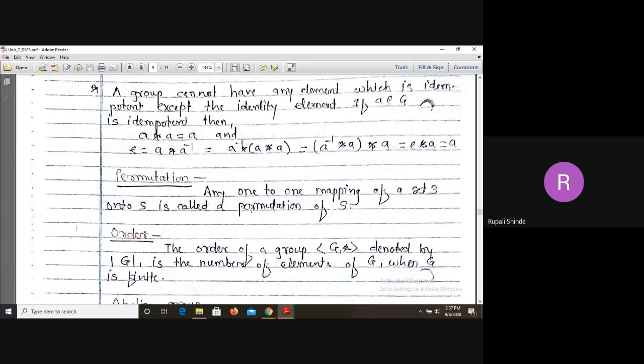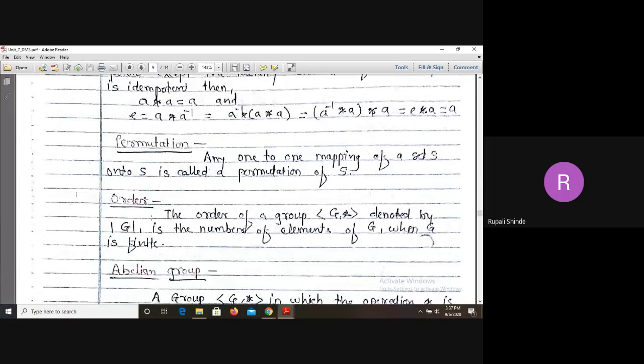Likewise, if your set S contains 3 elements, then the number of possible permutations is 3 into 2 into 1 factorial, that is equal to 6. Likewise, we can find the number of permutations. Afterwards, we have to solve many examples based on permutations. For now, you should remember the formula for the number of permutations, and that is n factorial.